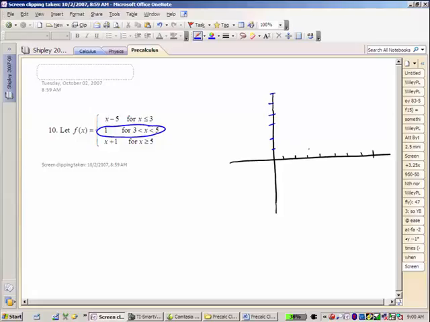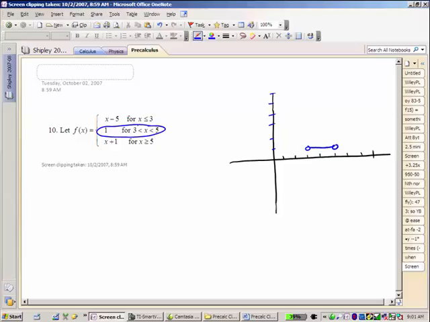Does that describe what the output's going to be between 3 and 5? Sam, why do I use open circles? Because it's not equal to 3. Perfect. Great.